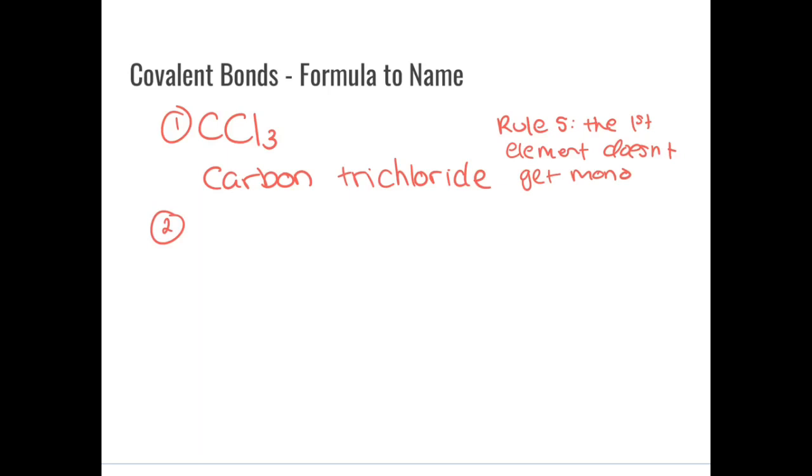Let's do another one so you see. Let's try NH3. So N is for nitrogen, H is hydrogen, so the 3 is tri. So you write trihydrogen.